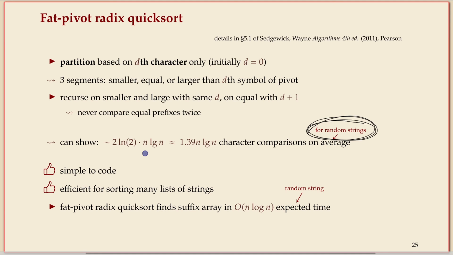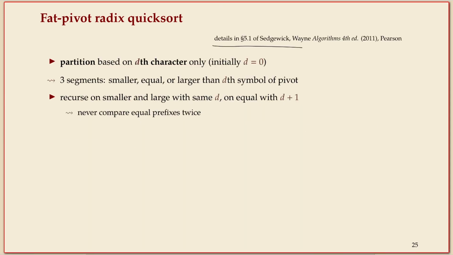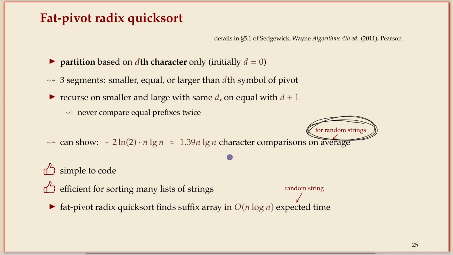So this fact that you sometimes have to compare these long middle partitions, that you have to keep going with these 2 strings, that's just very, very unlikely if you have random strings as an input. And so that's that said. If the strings do have some common prefixes, we at least make sure that we never compare these twice.